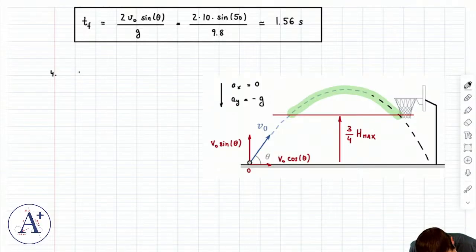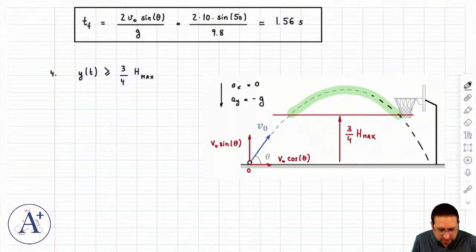Now I could say, well, I'm going to solve y of t is greater than or equal to 3/4 of h max. I could, don't really want to. Whenever possible, I would prefer to not solve inequalities, because you gotta be super careful with inequalities. If you forget to switch the order because you multiplied by a negative or something, you can make your life harder than it needs to be pretty easily. Okay, so let's try to not solve inequalities.